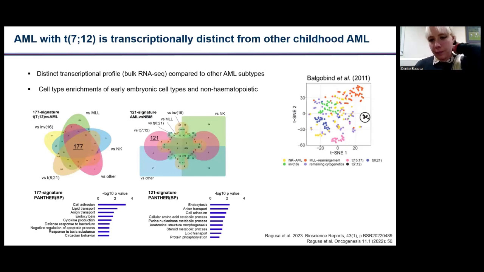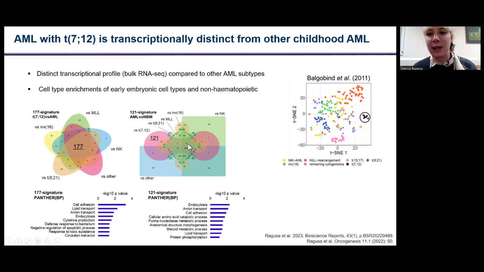So our lab has really looked at what makes t(7;12) different from other leukemias. We looked at a lot of bulk RNA sequencing. Again, this is what is available so far for these leukemias. And you can see, if you look at whole transcriptomics, that t(7;12) patients have a very distinct transcriptional profile compared to the rest of childhood leukemias. So there is something unique about it.